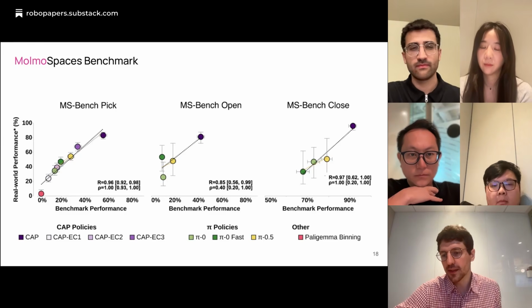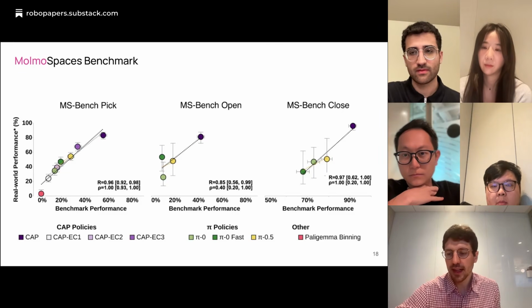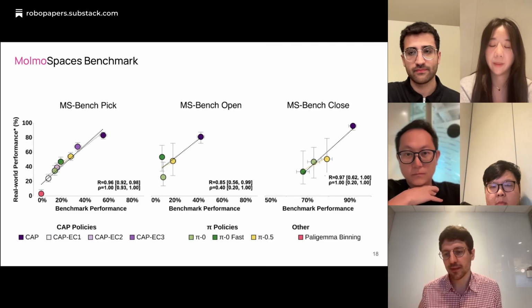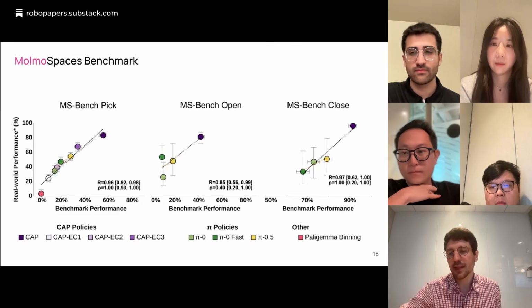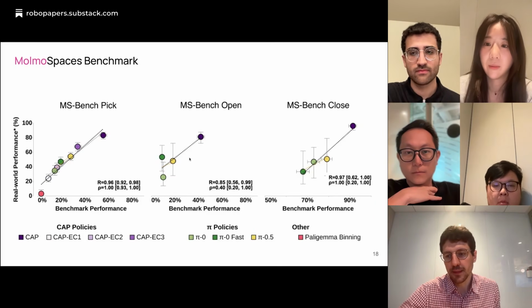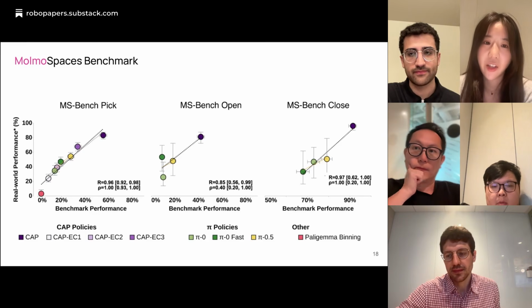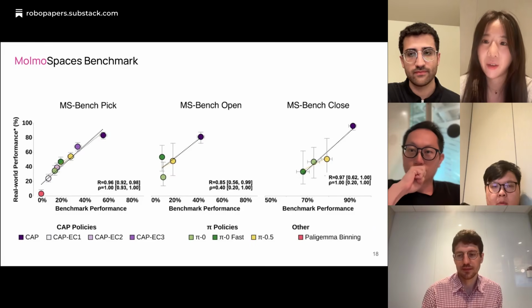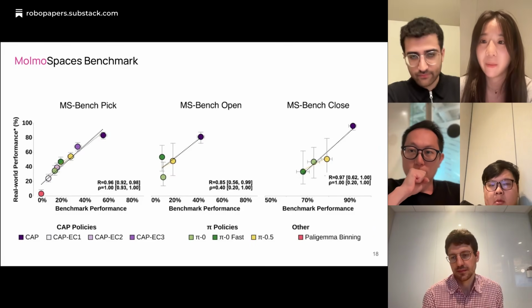It's very common to see tables which don't have any error bars at all, where you're running an experiment with 20 or 30 trials, and actually the variance is going to be super high. Another thing to note is that it's not just scale, but also diversity that is important to analyze and evaluate the generalization properties of policies.